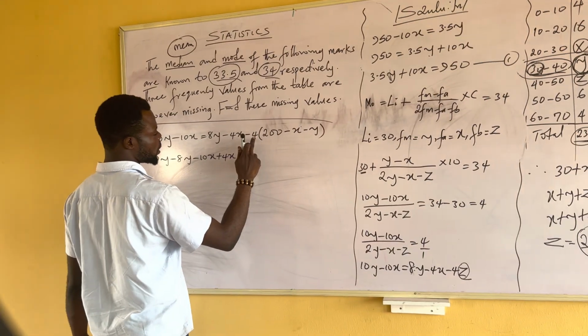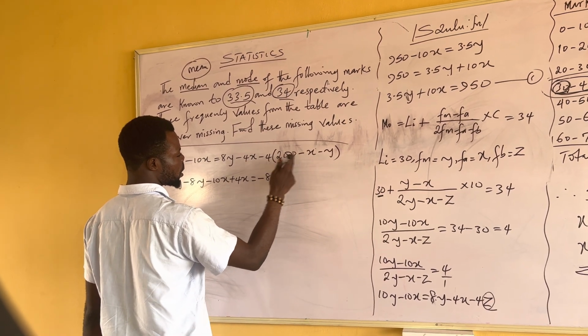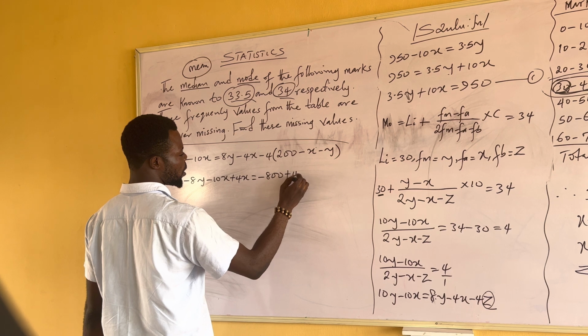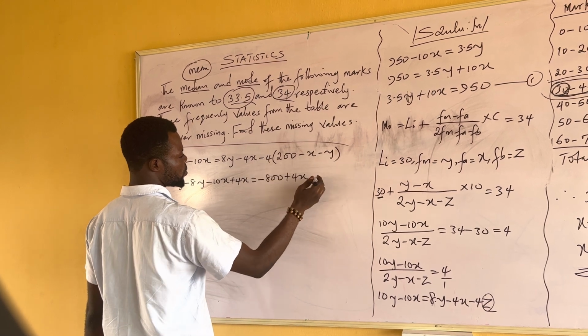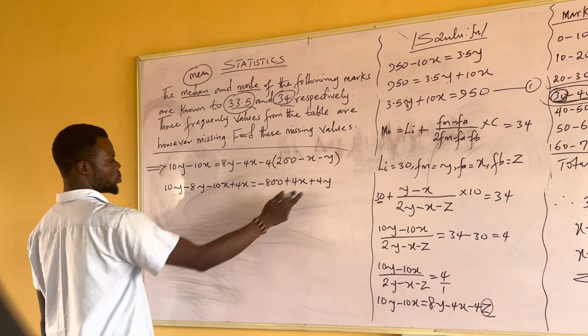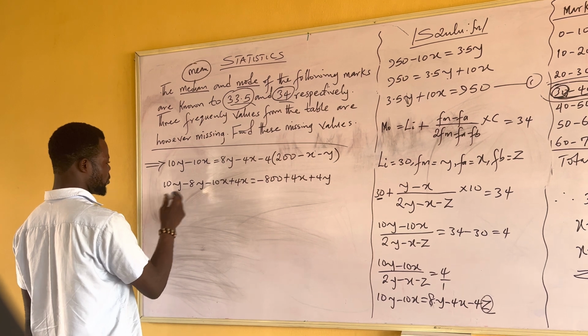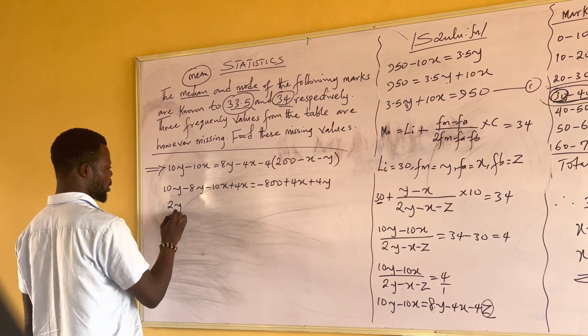So I want to expand this. This time this will give you minus 800. This time this will give you plus 4x. And this time this will give you plus 4y. So let this come here. So if I arrange, this one will give me 2y.